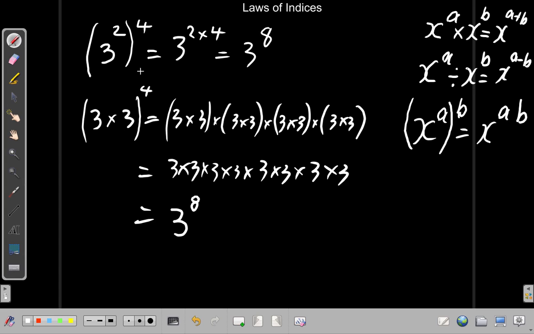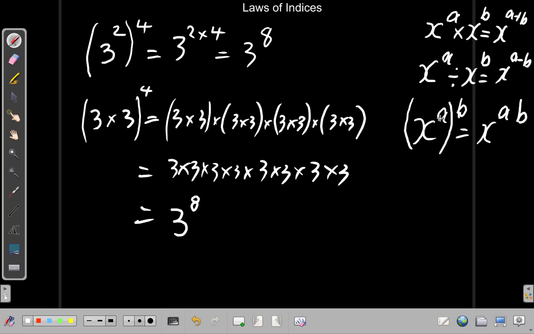We have 3 raised to the power of 2, or the index 2, and all of that is raised to the index 4. We said it's the same thing as 2 by 4, 3 to the 2 by 4, which is 3 to the 8. And when we look at it, writing it out in detail, we get the same 3 to the 8.